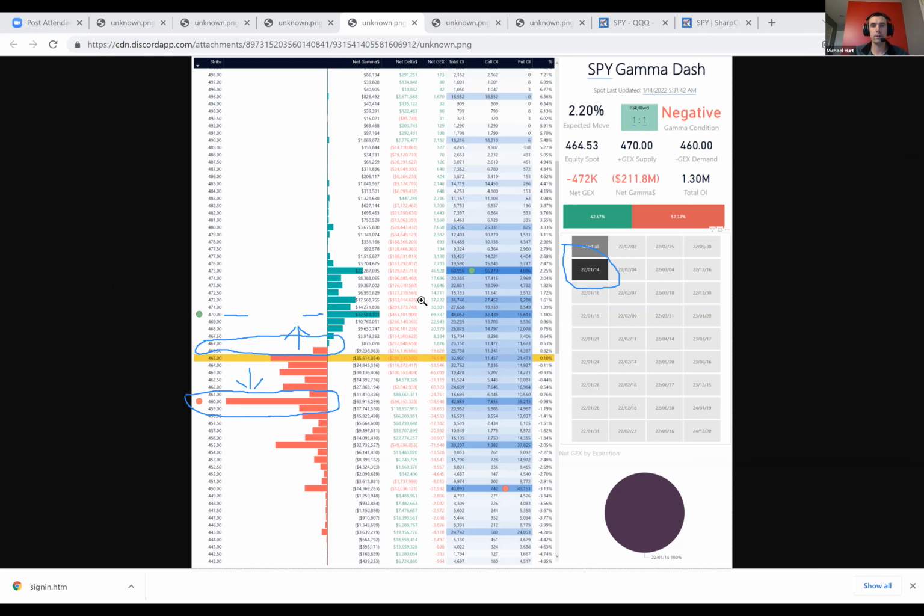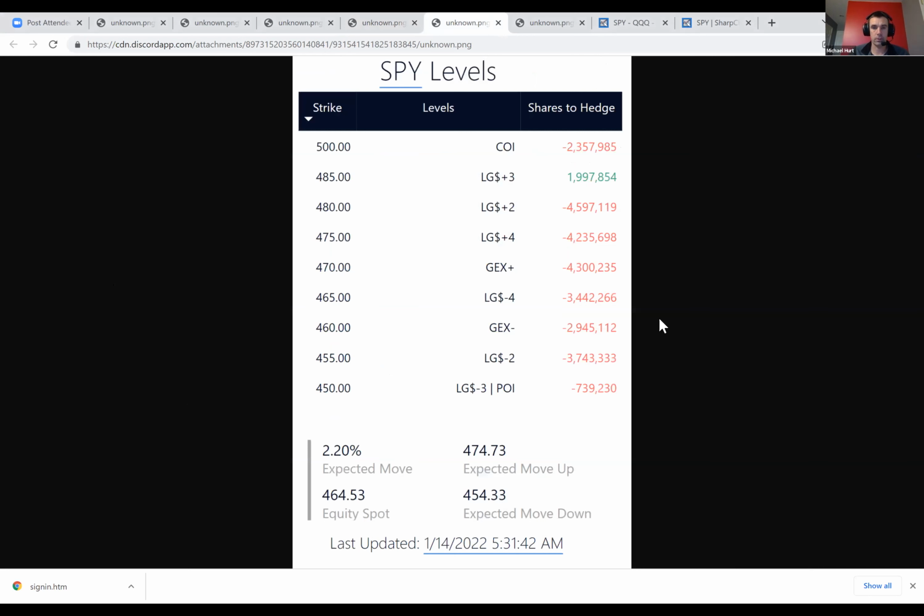The next is the SPY levels that are auto-populated, or that are posted. These are basically zooming in from the chart, removing some of the color coding, and zooming into the most important levels that we're looking at. Correct. We've already talked about the 2.2 expected move and where you are.